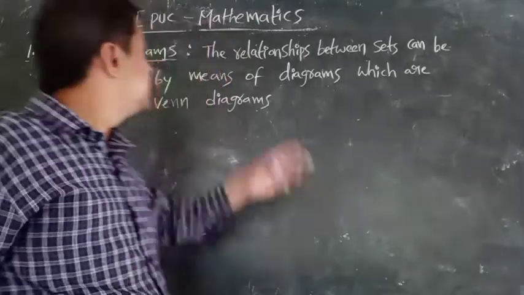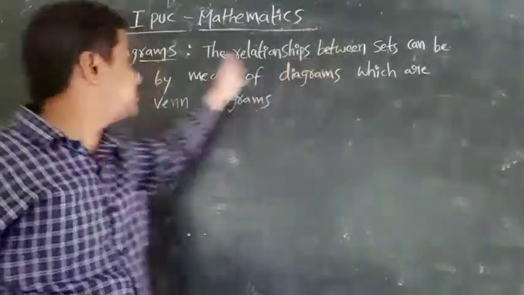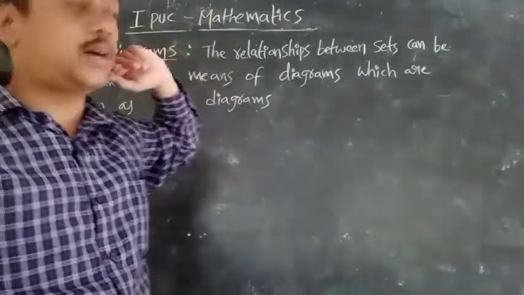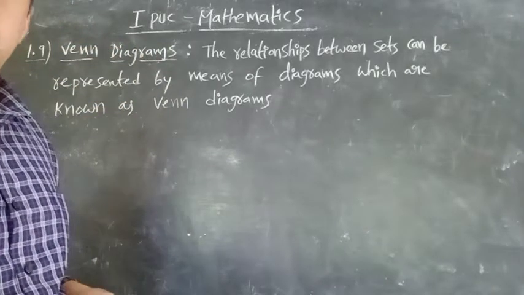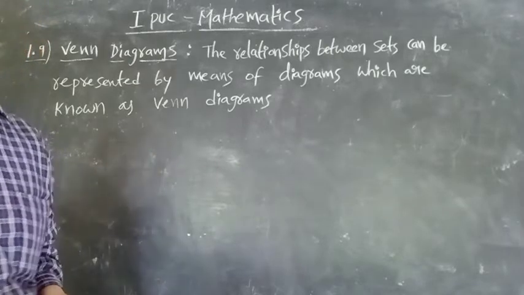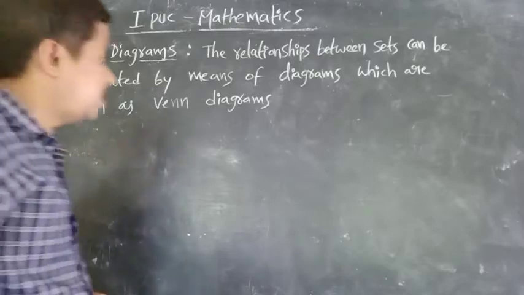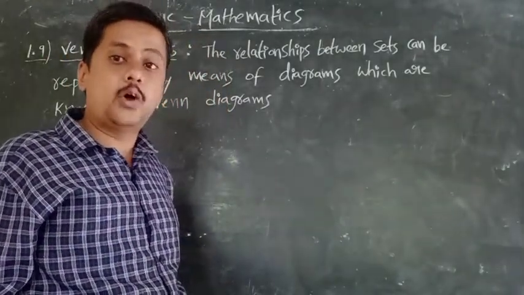See, the relationship between the sets can be represented by means of diagrams, which are known as Venn diagrams. The Venn diagrams are named after John Venn, an English logician.